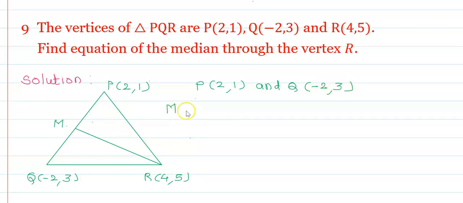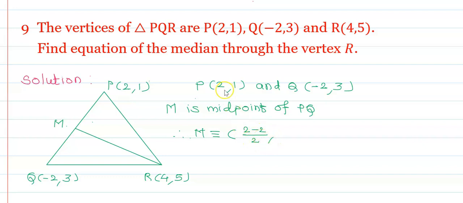M is the midpoint of PQ, and therefore the coordinates of M are (2 minus 2 upon 2, 1 plus 3 upon 2), and this equals (0, 2). This is the coordinates of M.